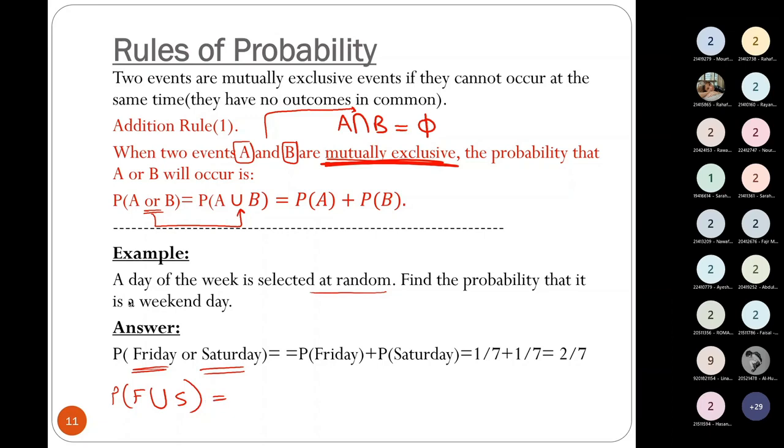The day Friday is different from the day Saturday. So we have the probability of Friday plus the probability of Saturday. How many Fridays in the week? 1. How many days in the week? 7, all outcomes. The event equals 1 plus 1 over 7, this equals 2 over 7. This is the probability that they select a weekend day.